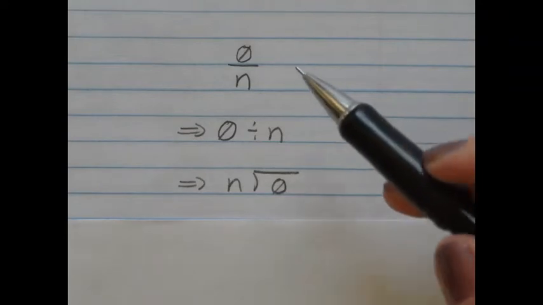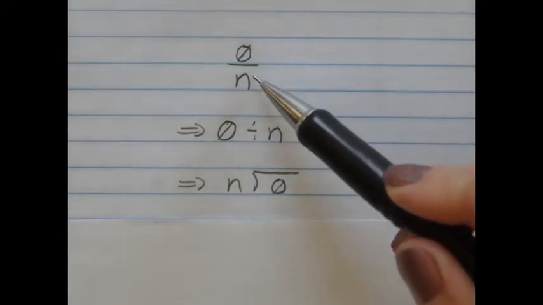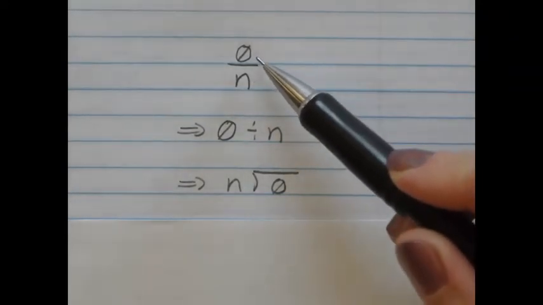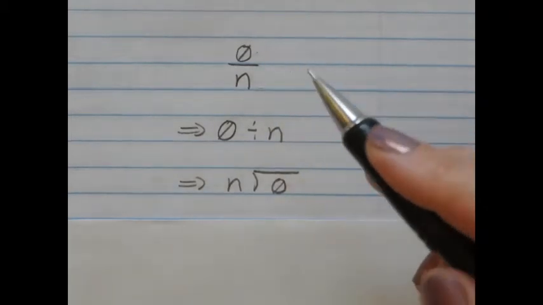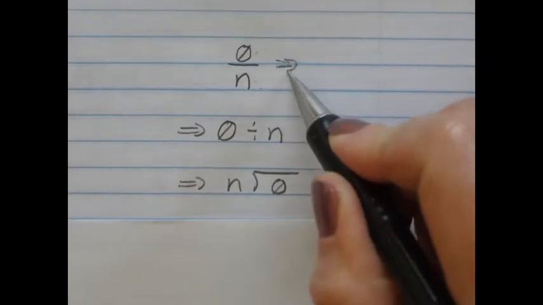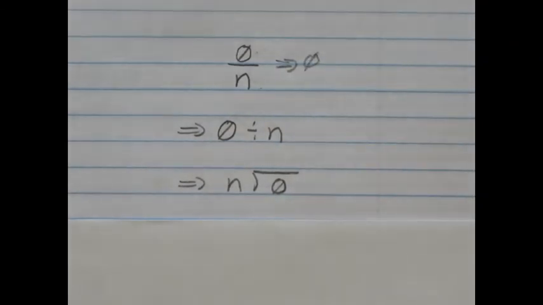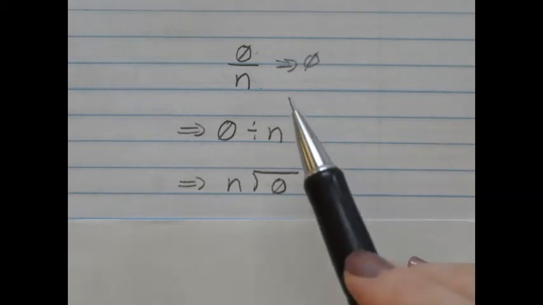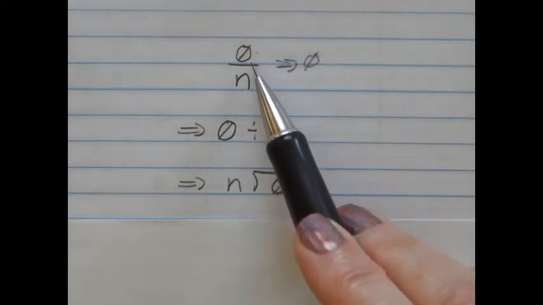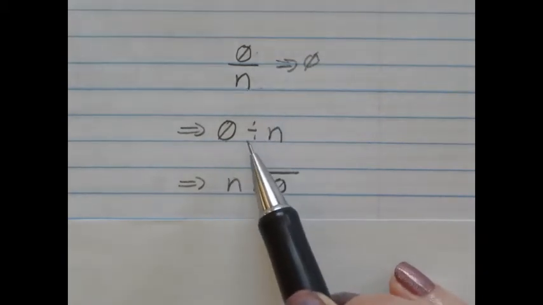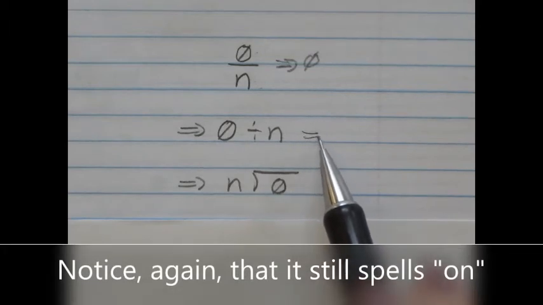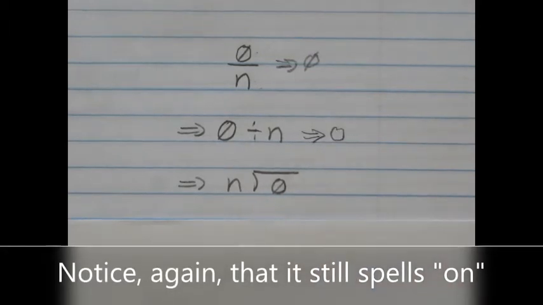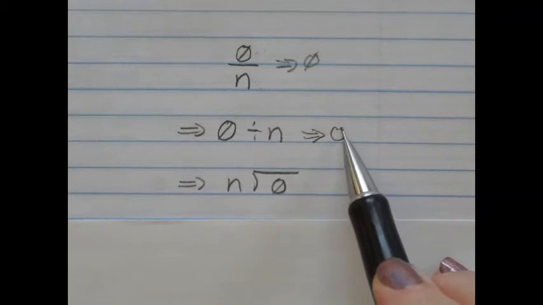If you didn't like the 0 and the k, you can write 0 and n. So you actually have kind of like the word on. So when this is on, again, your answer is 0. This takes the same format as we did with the k value. Reading this as 0 divided by n, you can see we still get 0 divided by n, which again gives us an answer of 0, whether you write it like this or like this.